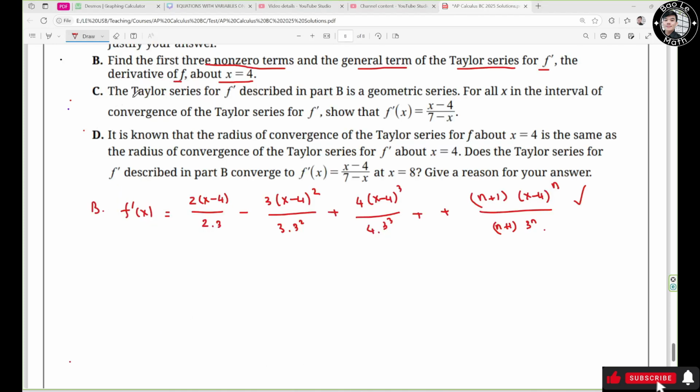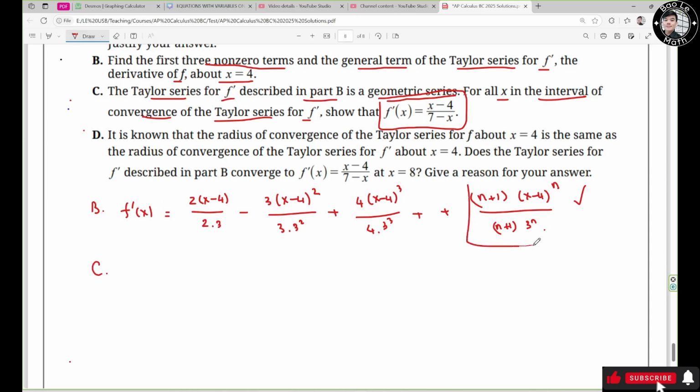Now question C. The Taylor series for f prime described in part B is a geometric series. For all s in the interval of convergence of the Taylor series for f prime, show that f prime of s equals (s minus 4) over (7 minus s). So for part C, we just took the derivative of the function f.